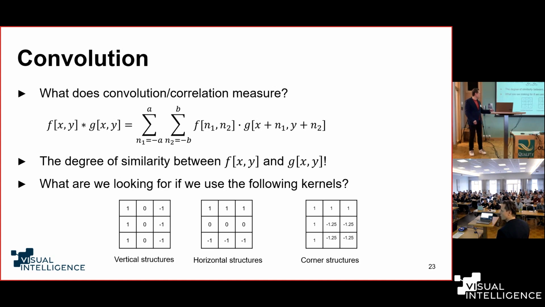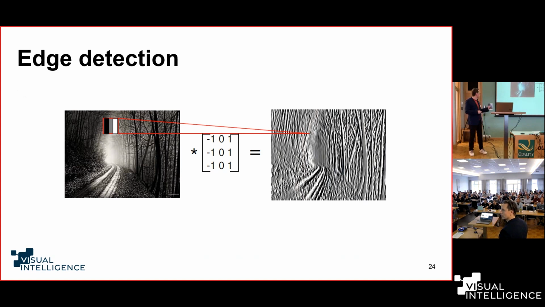So something that looks like this gives a high number. If you apply this kernel on that image, you see all the trees get high structures. And if you have a branch like this one here, it doesn't have a high value. This is the way it works.